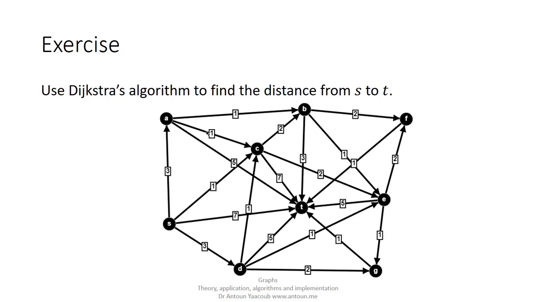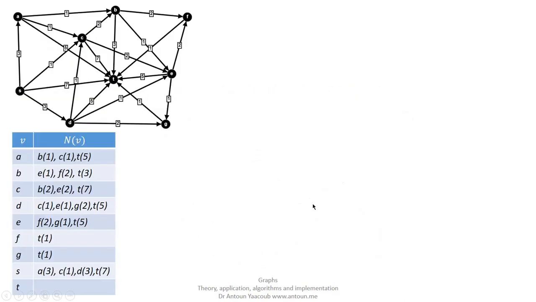I don't know if you have the capacity to find the shortest path between S and T directly. It's not very obvious, because it's a very complicated example, so we will do that together and try to figure out the solution.